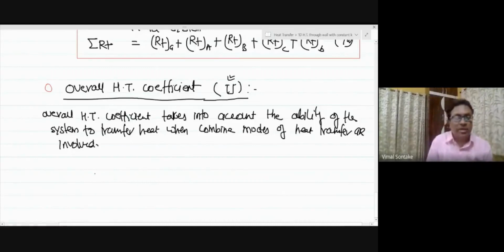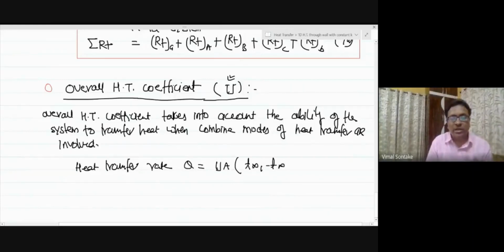Now, in terms of overall heat transfer coefficient, capital U, heat transfer rate can be given by this formula: U into A into, in this case, the temperature difference T infinity 1 minus T infinity 2.